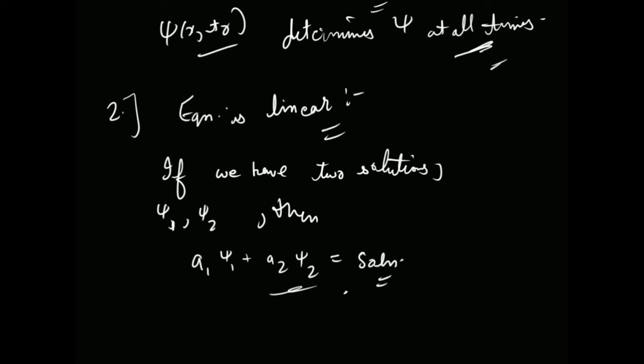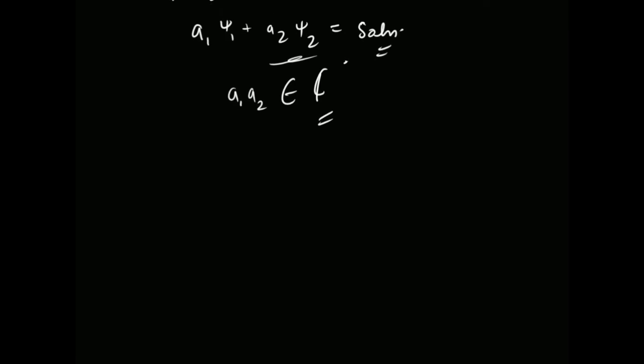This is the linearity property, where these a1, a2 are complex quantities. These are the constants.